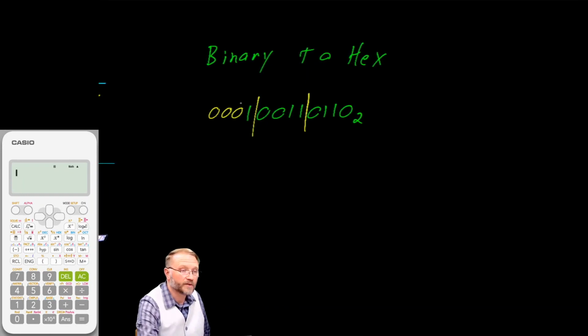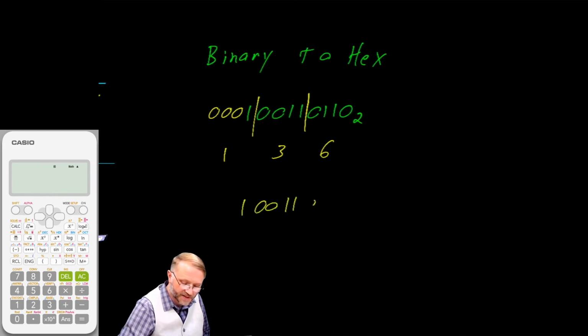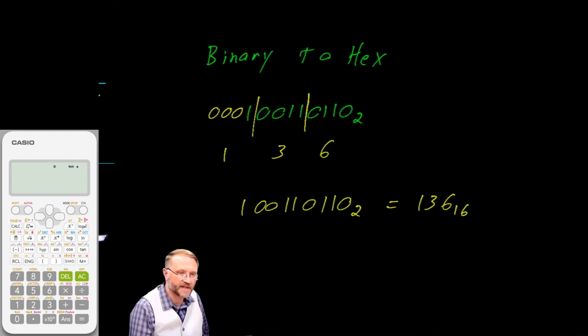And now you get your converter card and you look that up and you say, well, this is a 1. Now you look at the next number, 0011, that's a 3, and 0110 is a 6. So we can say 100110110 base 2 is equal to 136 base 16. And of course, you can go the other way by just expanding these numbers out.